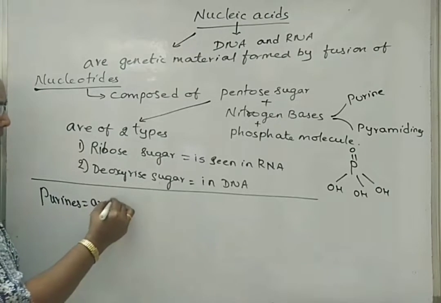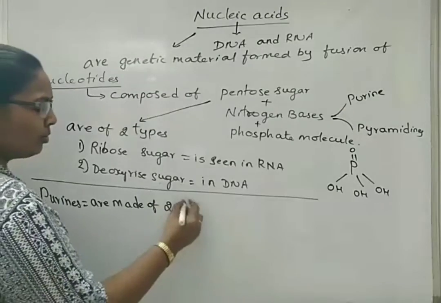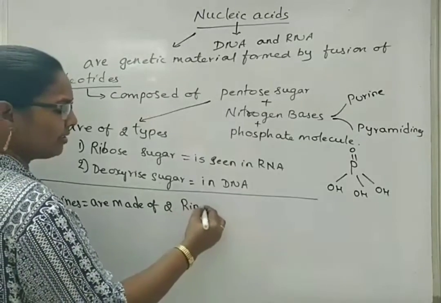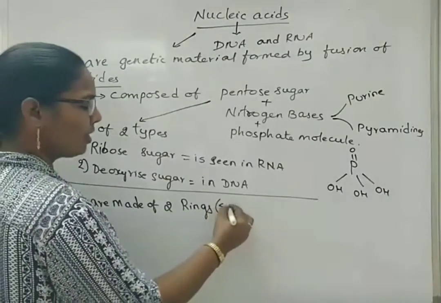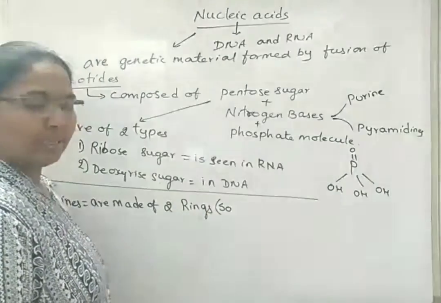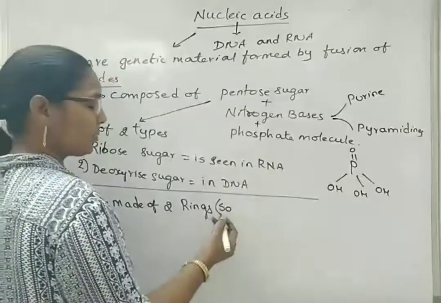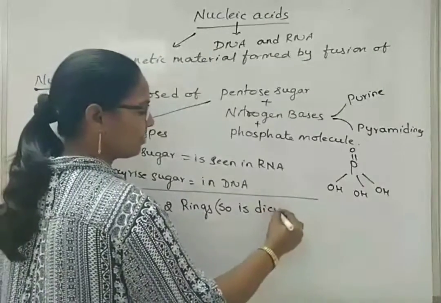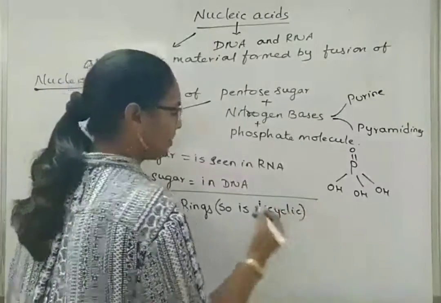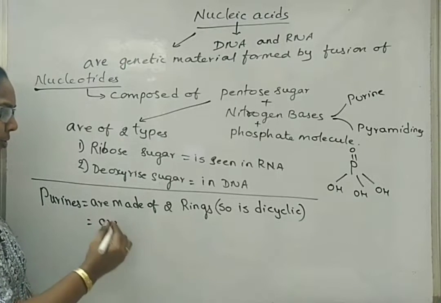Now, coming to purines. Purines are made of two benzene ring-like structures, so-called dicyclic type of rings or dicyclic type of substance. What are examples of purines?